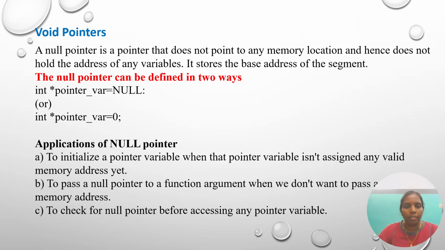The null pointers can be defined in two ways. A null pointer does not point to any memory location and hence does not hold the address of any variable. So this is called a null pointer. When a pointer variable isn't assigned any valid memory address, that pointer is called a null pointer.